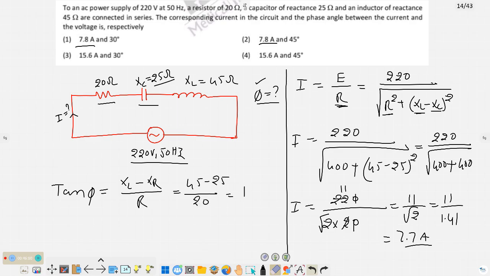That is 20 by 20, which is 1, so tan of phase angle is 1, which is equal to 45 degrees. So the answer is 7.7 amperes, 45 degrees. This is the correct option.